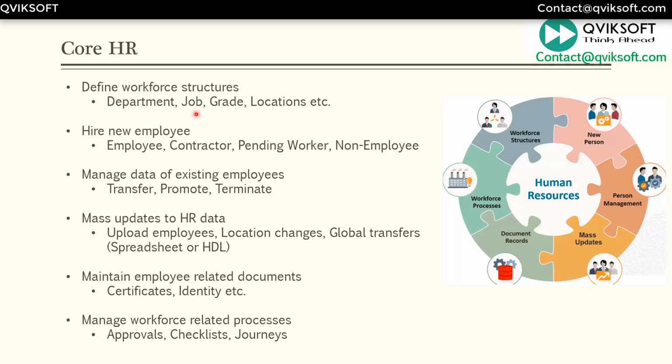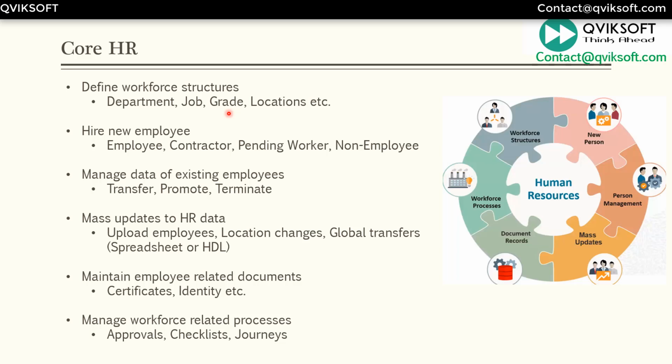It could be finance manager, it could be warehouse manager, it could be accountant, it could be IT officer. These are various jobs which you need the employees in your company to have so that you can run your operations. And then different people in your company may have different seniority levels.